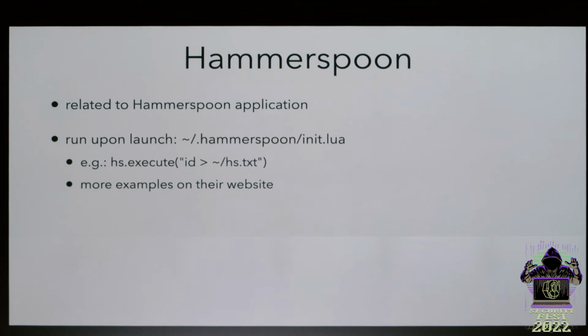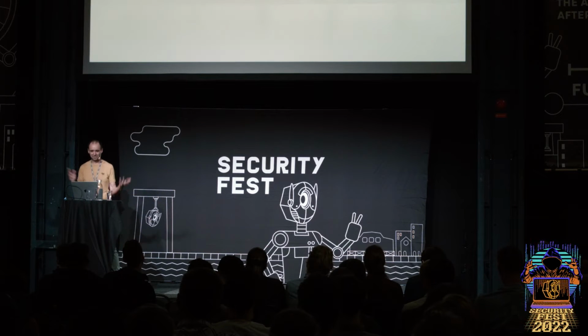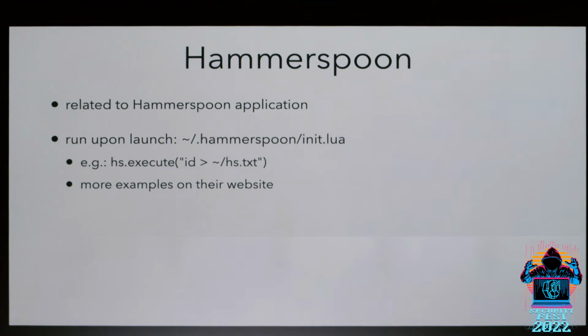It's a Lua script, which I personally don't like that much. But basically, you can just do hs.execute and then give the bash script, and then you can execute some bash script easily, and you don't need to deal with the more Lua nuances, although there are more examples on the application website.